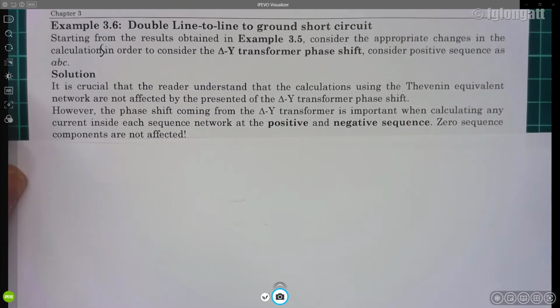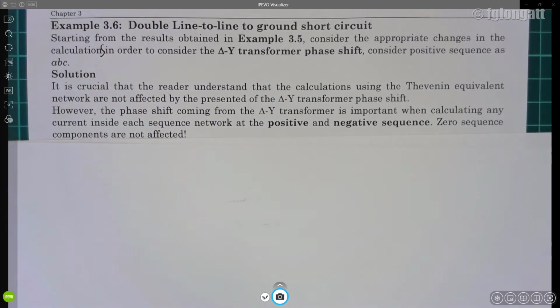The first thing that you need to understand is that in real life, when we have delta and star connection transformers, they can introduce a phase shift. That phase shift is coming from the delta and star connection. You must remember that in real life, delta and star connection have a 30-degree relationship on currents.